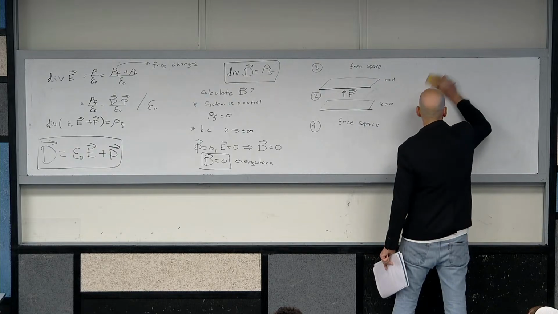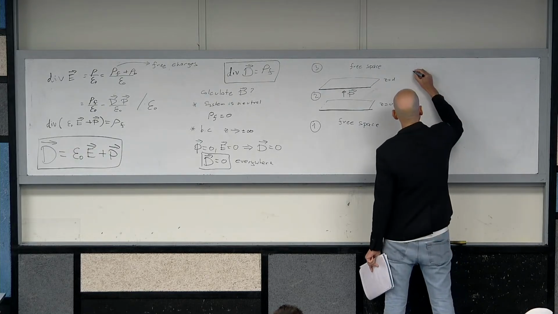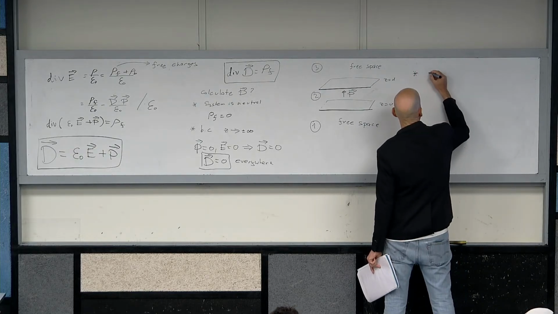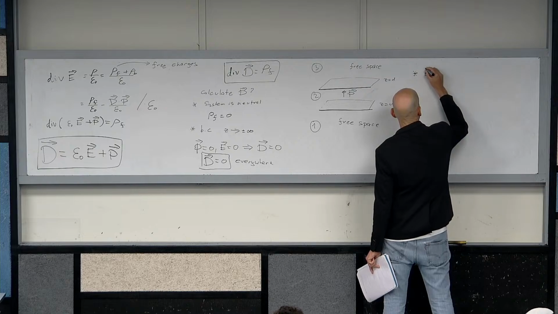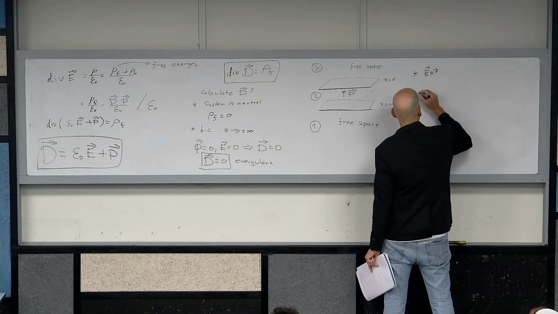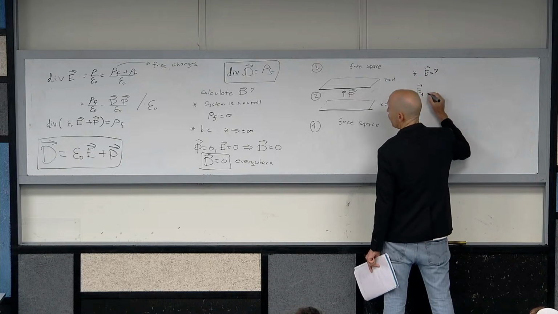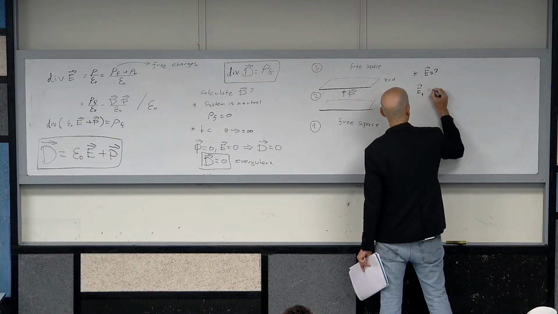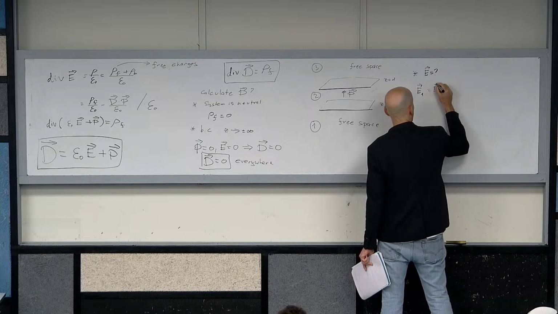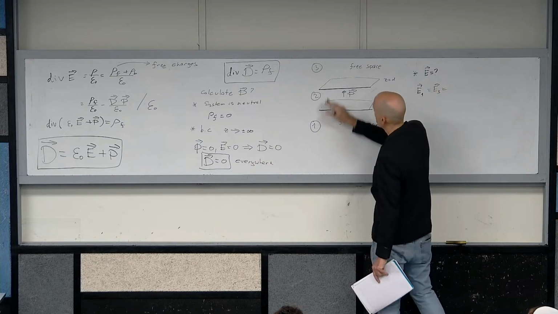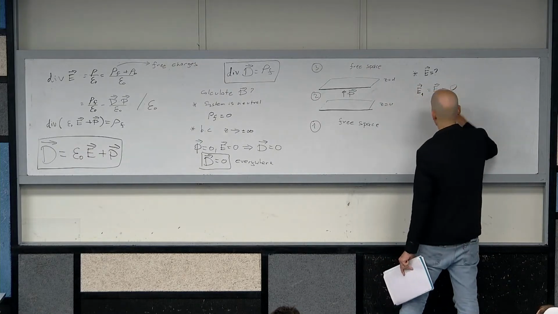So, to summarize this method, in this case at least it's very good. So, what is E? Okay, so we have first of all E1 equal E3 equal 0.